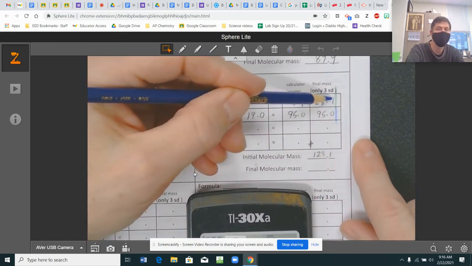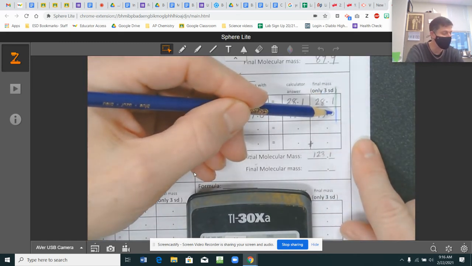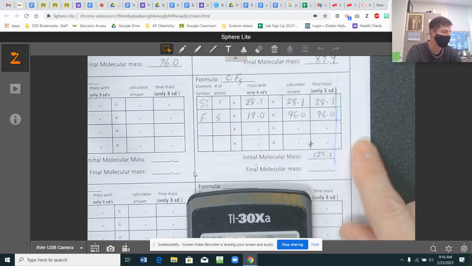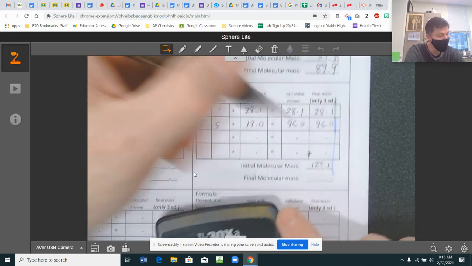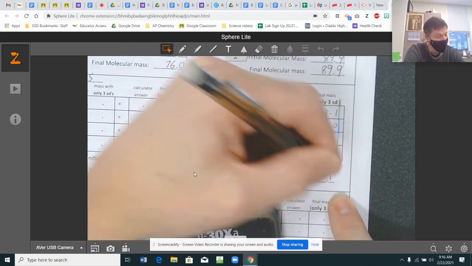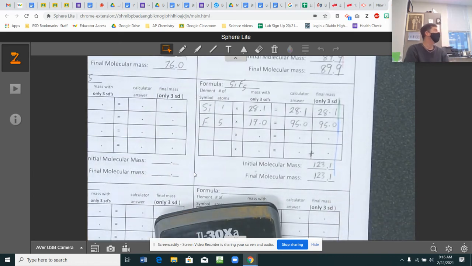Both of these stopped at the tenths, so my answer has to stop at the tenths, even though there are more than 3 significant digits. That doesn't matter because it's based on how accurate my number is.